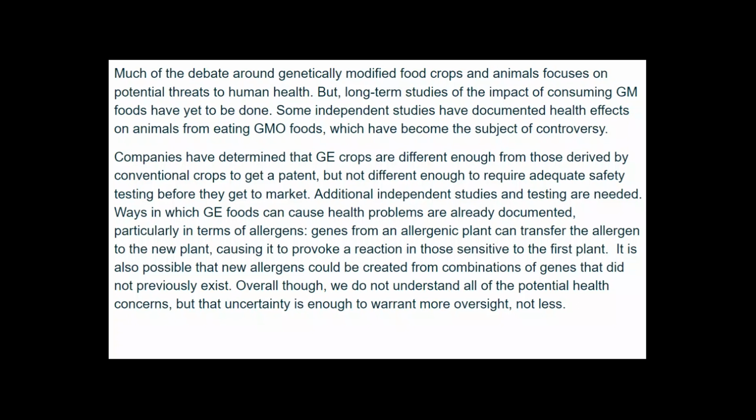Additionally, independent studies are testing unneeded. Ways in which GE foods can cause health problems are already documented, particularly in terms of allergens. Genes from an allergenic plant can transfer the allergen to the new plant, causing it to provoke a reaction in those sensitive to the first plant.